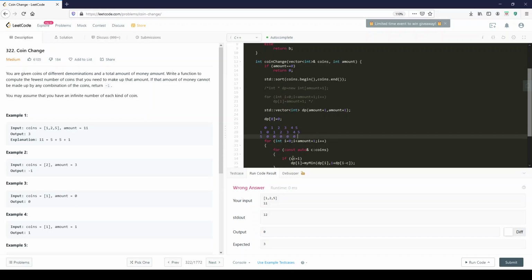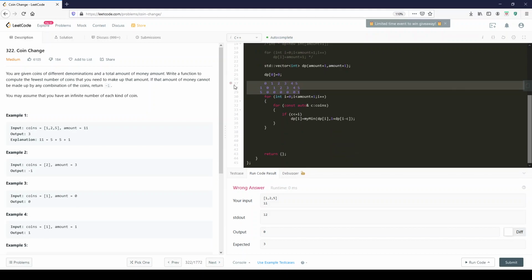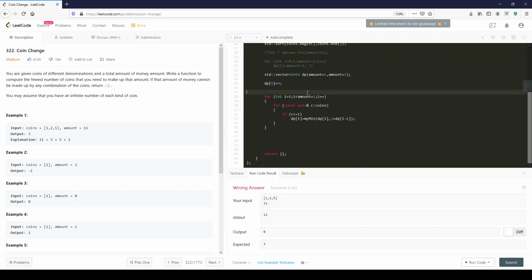Why? Because 5 in this case would not have been smaller or equal to i. Once it is, we take this 1 plus the value at 0, which is 0, and we make it 1. And that 1 is actually smaller than the current 5, which we got from the 1. And that's why it's going to override it at that point. Well, I hope you got that.